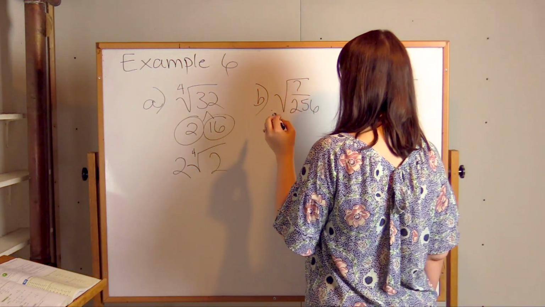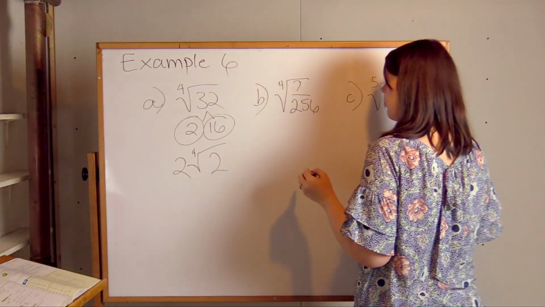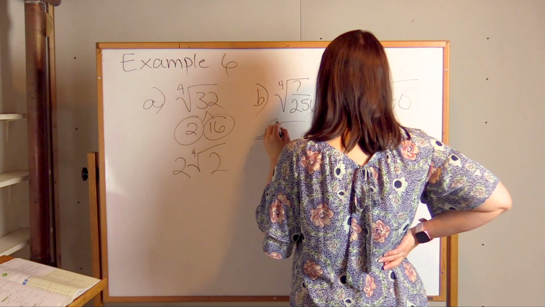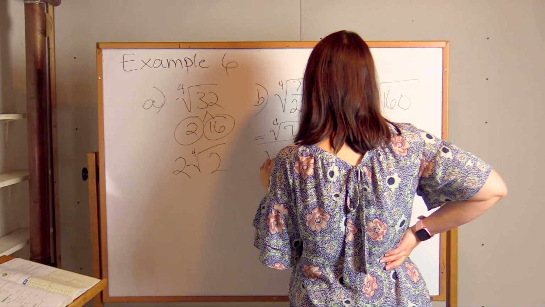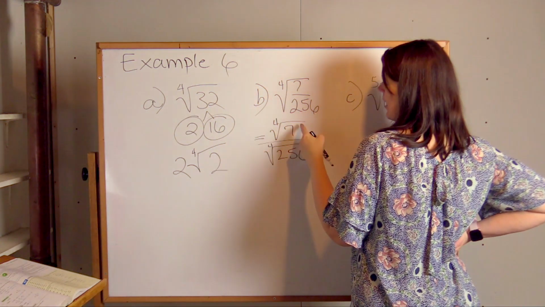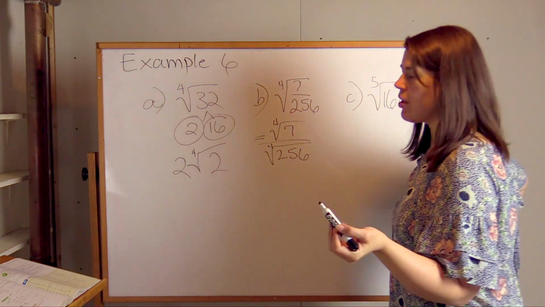On this one, we have the fourth root of 7 over 256. The first thing I'm going to do is change this to the fourth root of 7 over the fourth root of 256. Something I know is I can't do anything to 7. It's prime, so it's going to stay under the radical.